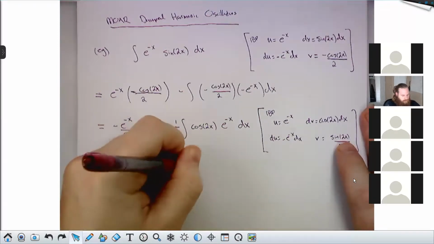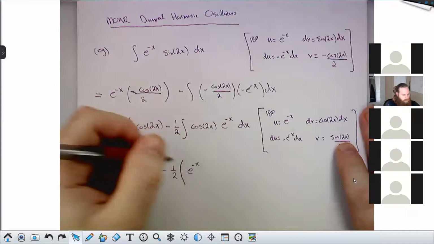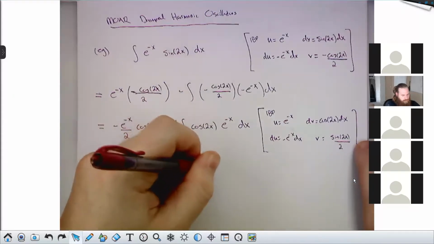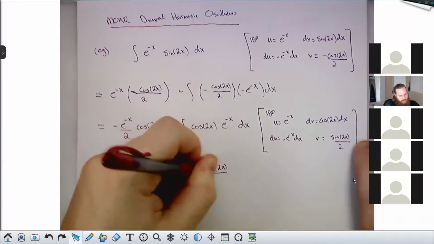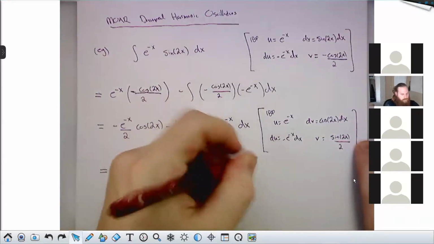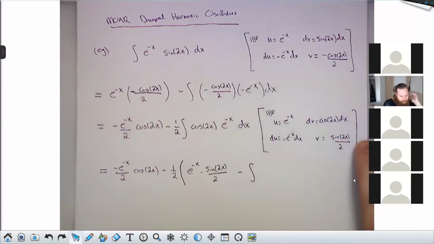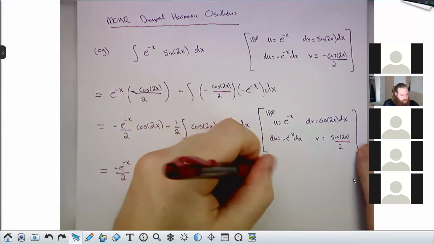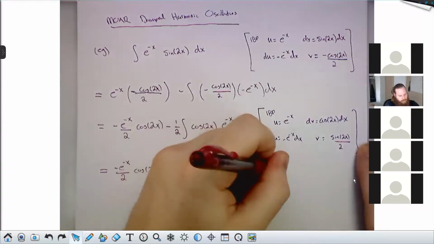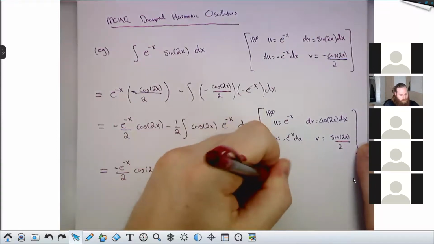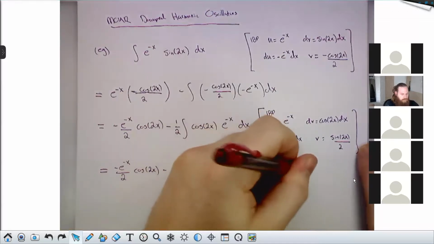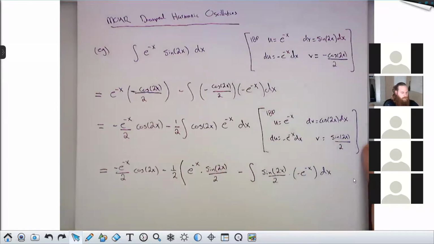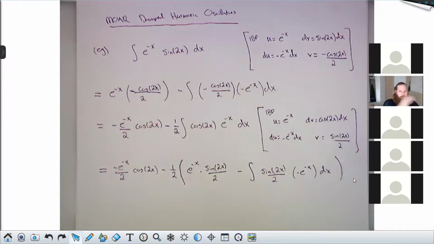That's e to the negative x times sine 2x over 2 minus the integral of sine 2x over 2 times negative e to the negative x. And then we close that big paren.